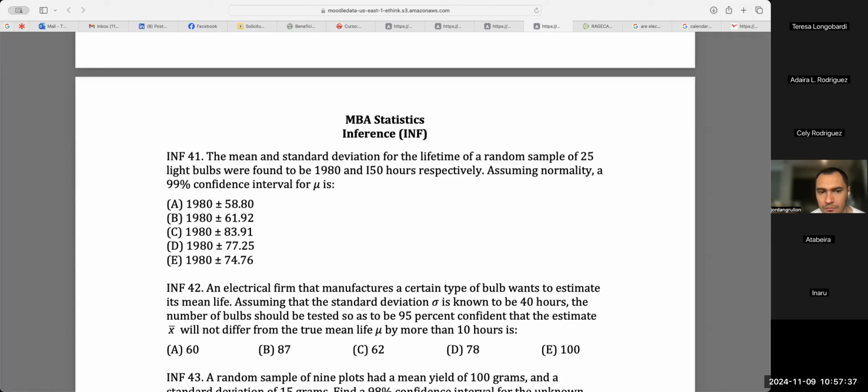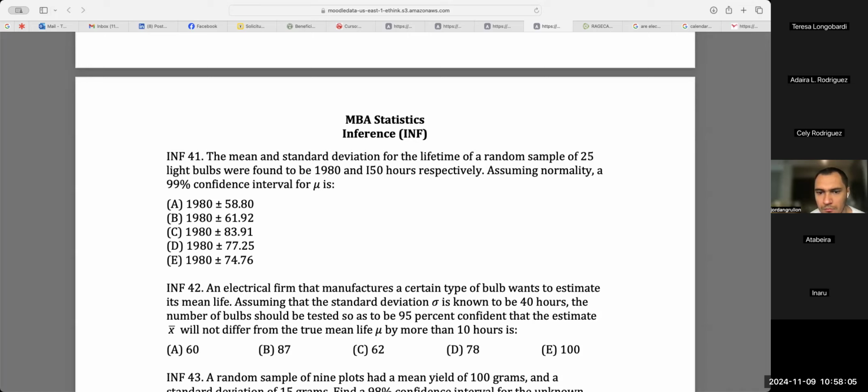We have a sample of 25, and we have the mean and standard deviation. First question, are we doing inference on a mean? It's okay, Adaira. She tells us that she has a connection issue.